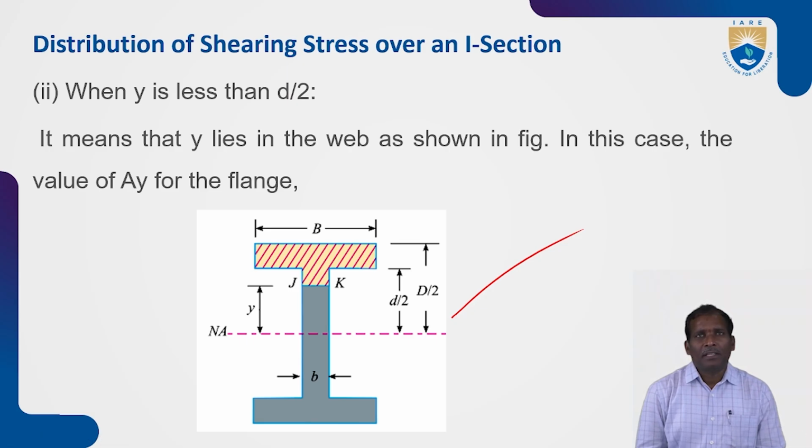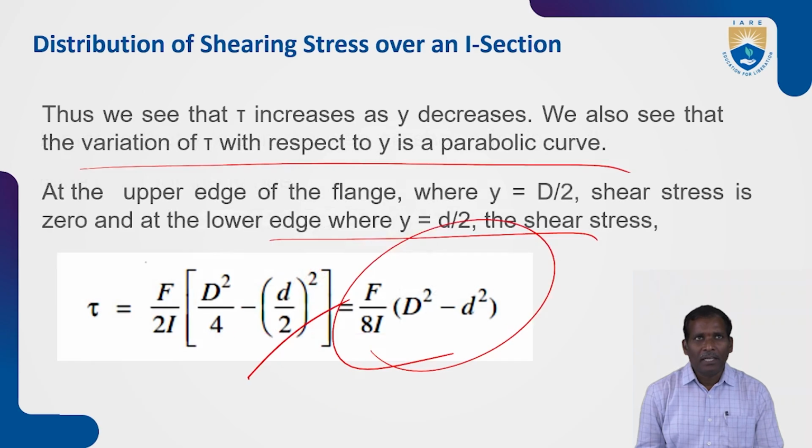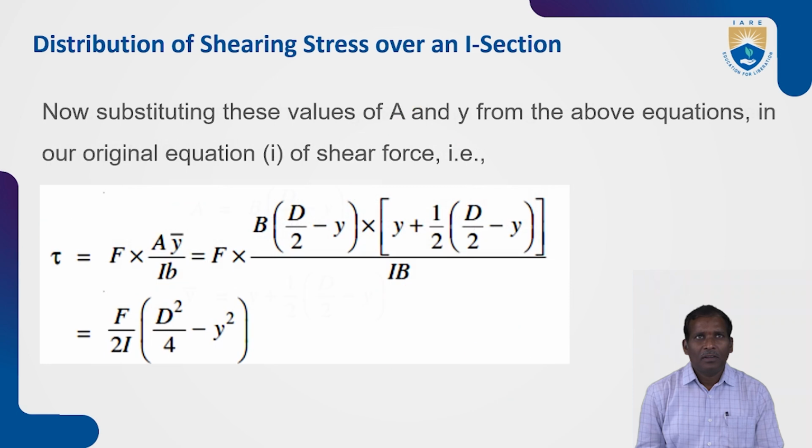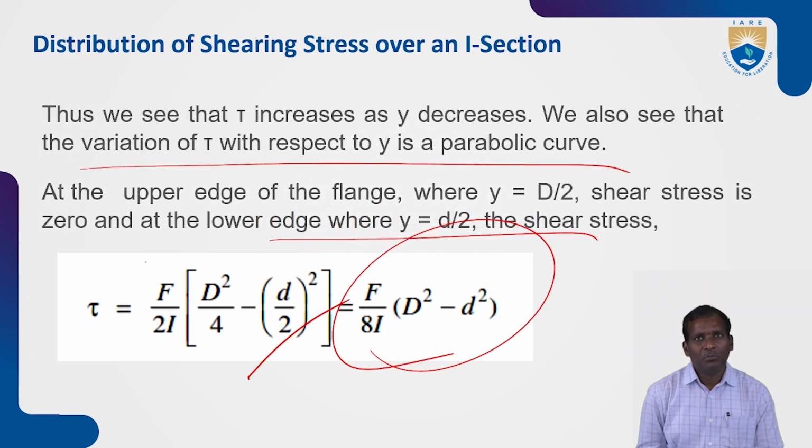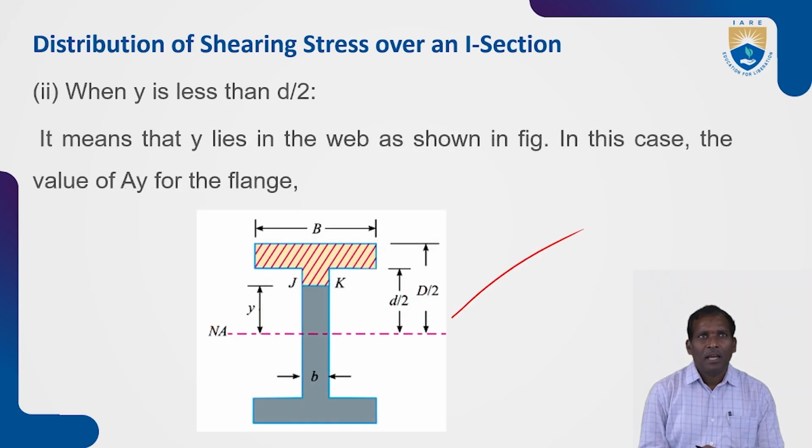What we did in this I section: first we calculated for y greater than d by 2, and then the shear stress, F by 8I into capital D square minus small d square. And the second point is when y is less than d by 2. So it means that y lies in the web.